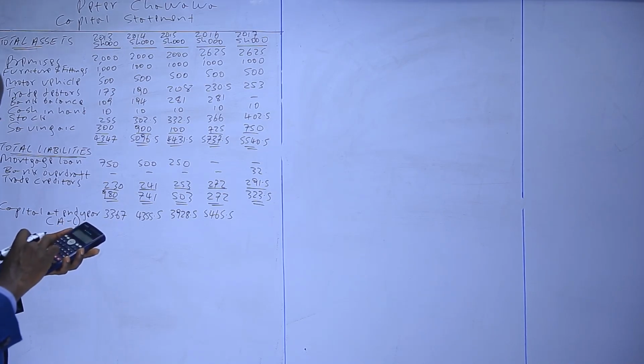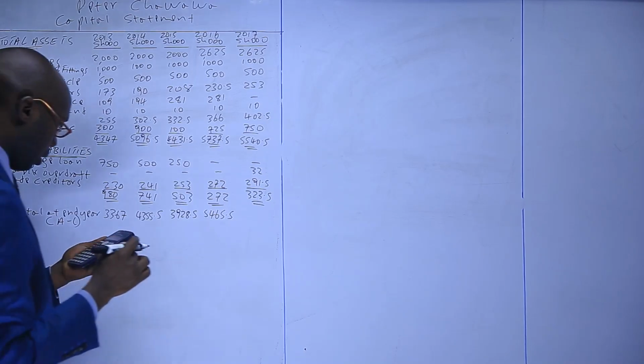Then 5540.5 minus 323.5, giving us 5217.